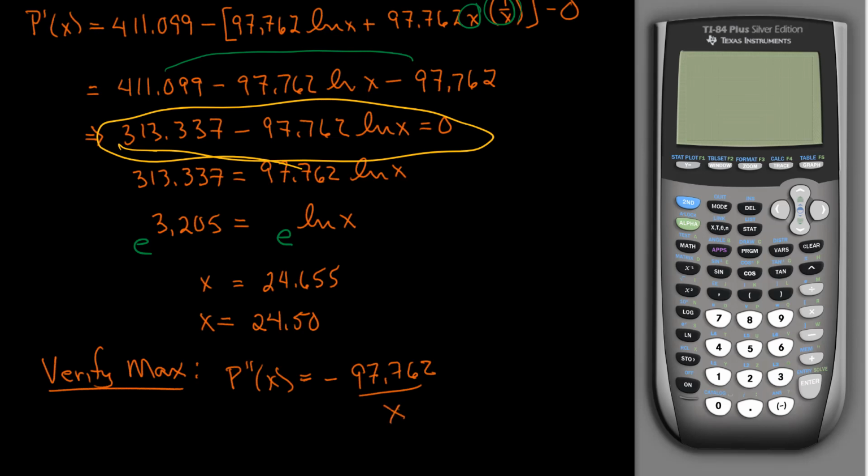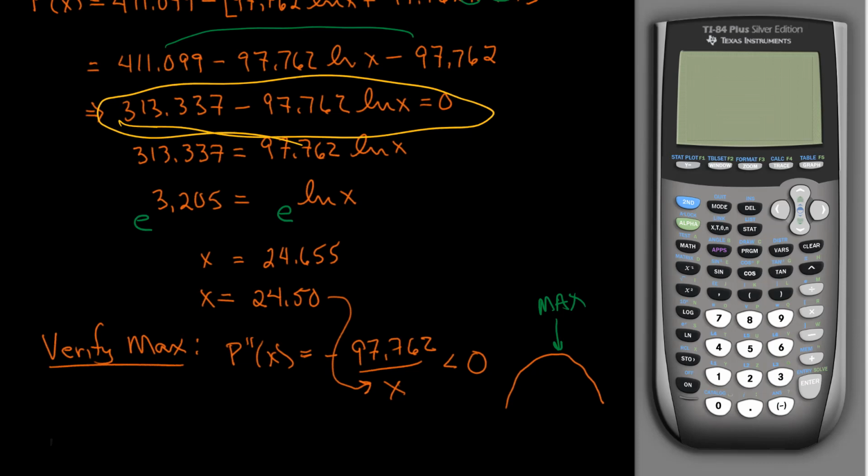When I put the x value in, it's going to wind up a negative in the numerator, a positive in the denominator, less than 0. If it's less than 0, that means concave down, which means that we have a max point. So it's just that quick to verify that we truly do have a maximum at this price.